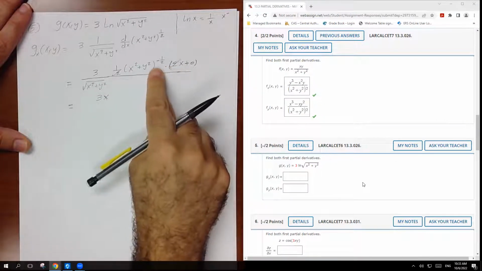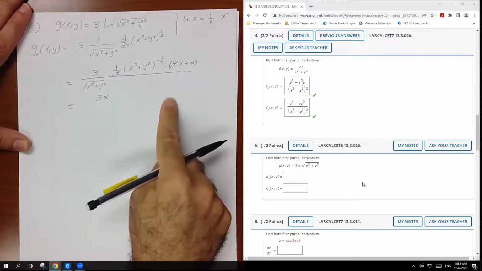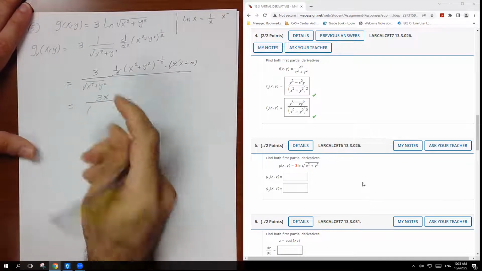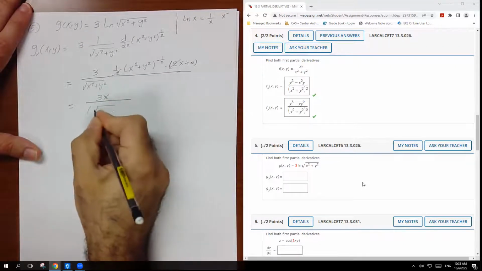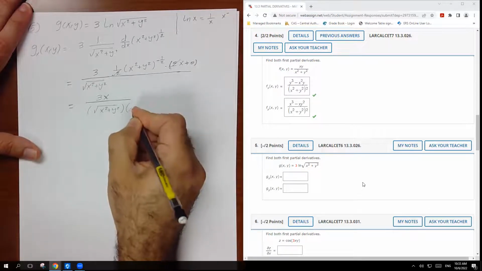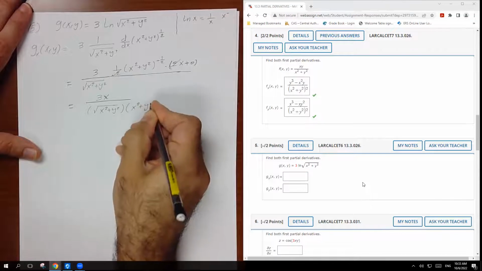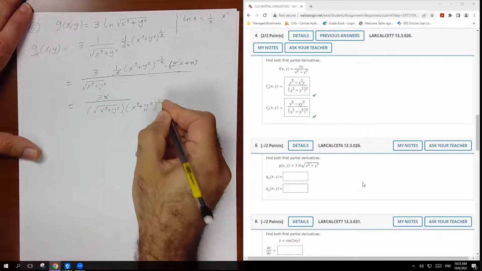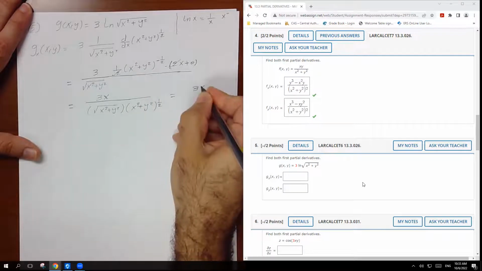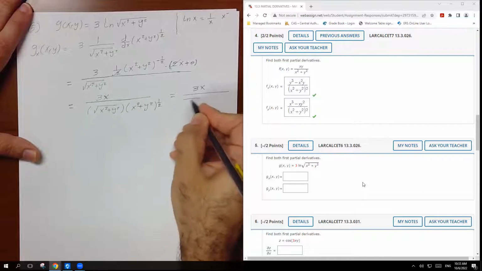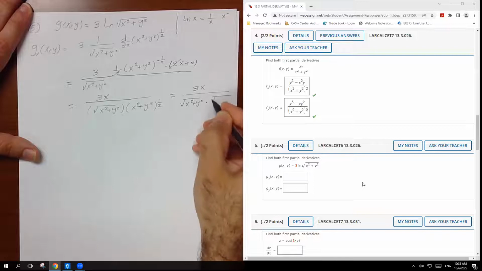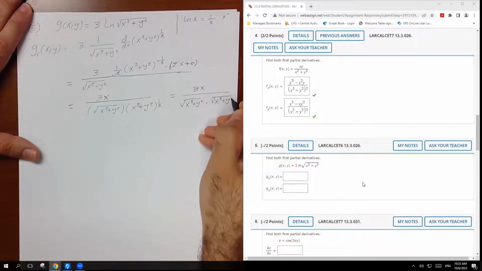This is negative half; I can bring it down, and it becomes positive half. So here is the square root of x squared plus y squared, and here is x squared plus y squared to the half, which is also a square root. That means this one is going to be 3x over square root of x squared plus y squared times another square root of x squared plus y squared.